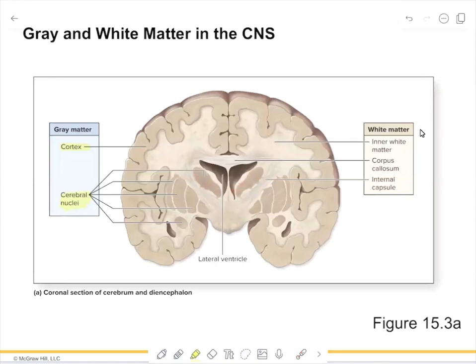This is cerebral nuclei. The corpus callosum is right here connecting both hemispheres, and it connects the two hemispheres so that they can communicate with one another. Other examples of white matter include the inner white matter and internal capsule. You don't need to be able to identify either of those two, but you should be able to identify the corpus callosum.